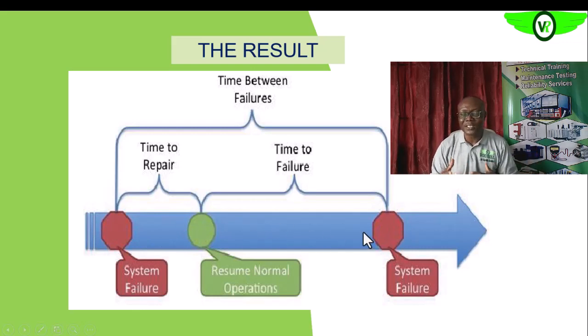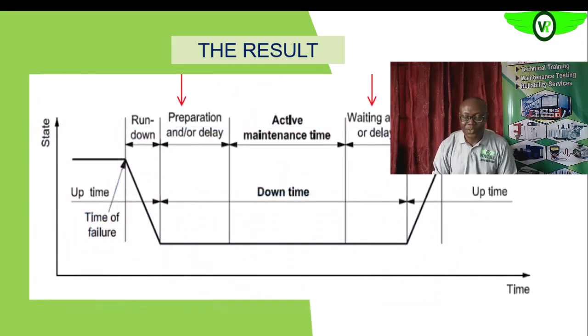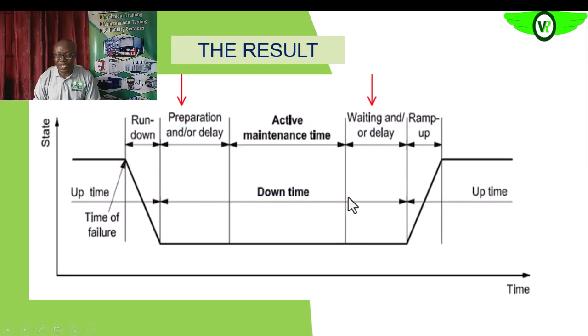Which means that we will have more products; the production of the assets will also go up. And of course, the failures too will be reduced. So the downtime will reduce with a better planned maintenance strategy.